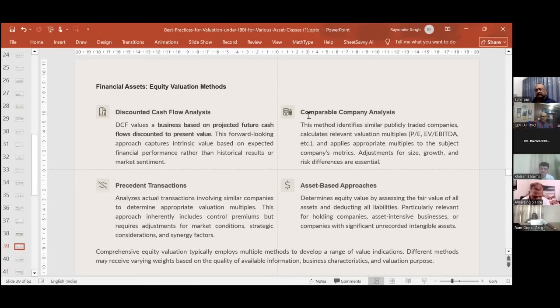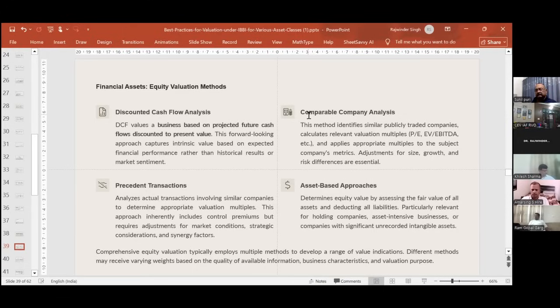And then for a particular asset, you may have an asset-based approach, in which we determine the equity value by assessing the fair value of all the assets and deducting all liabilities. This is particularly relevant for holding companies, asset-intensive businesses, or companies with significant intangible assets.